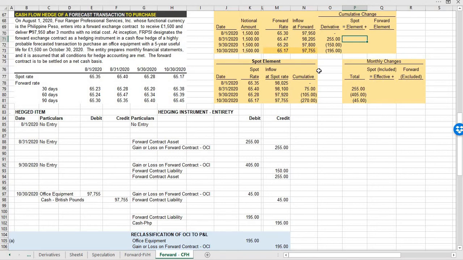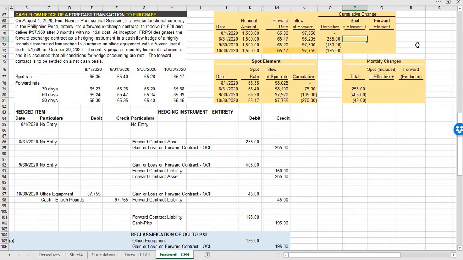So, compute na ngayon natin yung forward element. So, again, ang sabi natin, to compute for the forward element, ito yung difference between the total value of the derivative and the spot element. So, etong nandito sa last column ng ating spot element na schedule, ilalagay lang natin dito. Then, gagawin lang nating squeeze amount yung forward element.